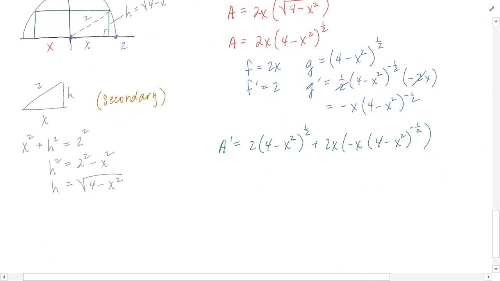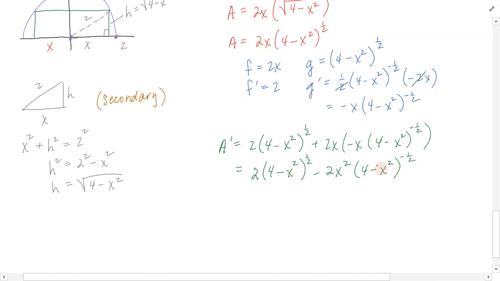And it's just a challenge in simplifying from here. So we'll take this 2 times 4 minus x squared to the positive 1/2. I'm going to simplify the second term over here. I get minus 2x squared times 4 minus x squared to the negative 1/2.